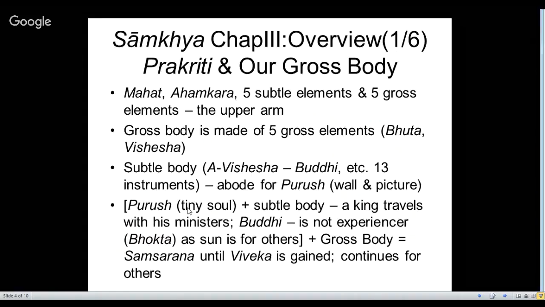Panch bhautike deha. There is the gross body that is made of Panchbhut. So this is all plus the gross body. And then he's using a word, sansarana, and I will use that word in the next slide.